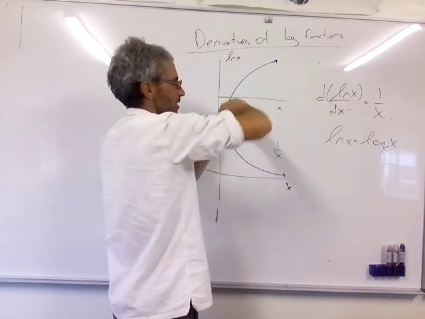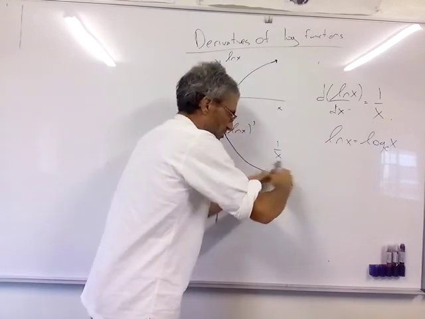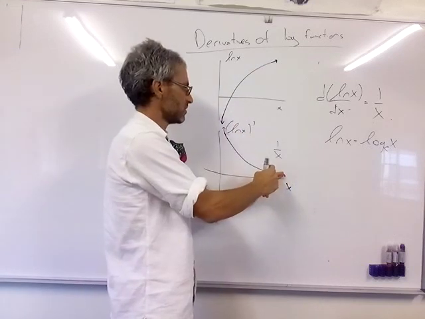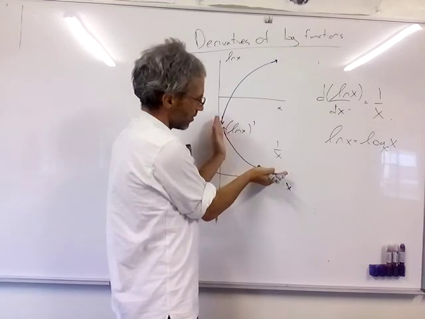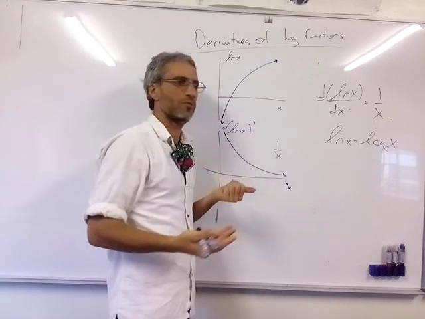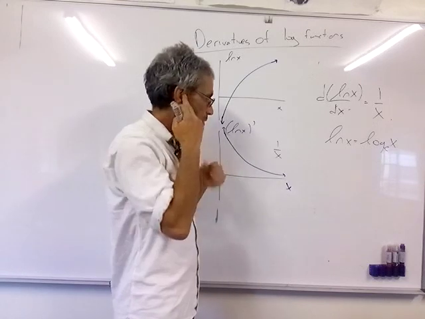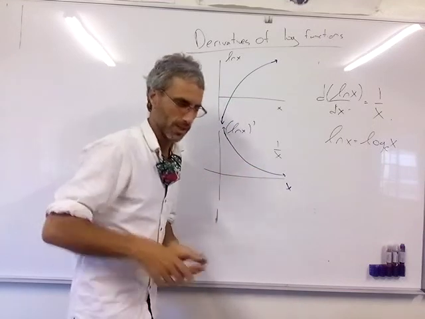By asking ourselves questions about the derivative, we created this picture of the derivative of log x, and then said, that looks a bit like 1 over x. But as I just told you, that could be 2 over x, or e over x, so there's no proof here. I will prove it now.